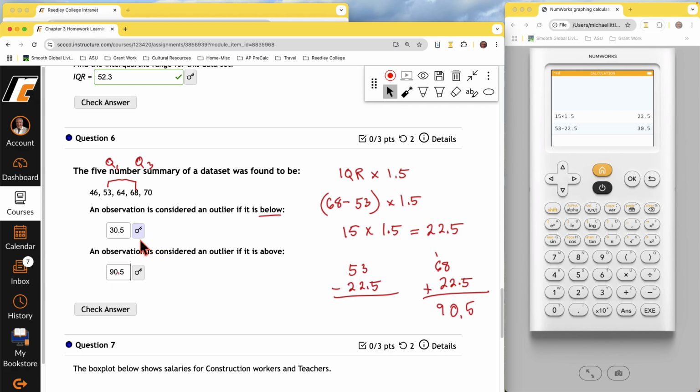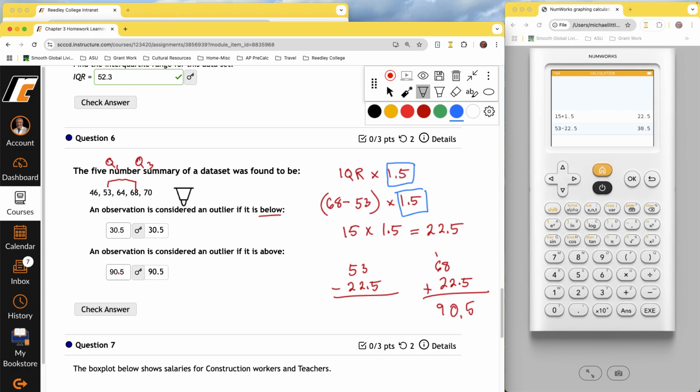Let's just do the check this way so I don't mess all this up. Hey, I got that one right, and I got that one right. The thing I was worrying about was there's a bunch of little different numbers that you have to remember, and this is one of them, the 1.5. We deal with the mean and standard deviations and stuff; I think it's 2 standard deviations. Anyway, these are the types of things I encourage you to have on your little note card.